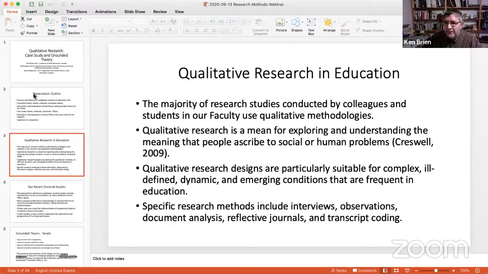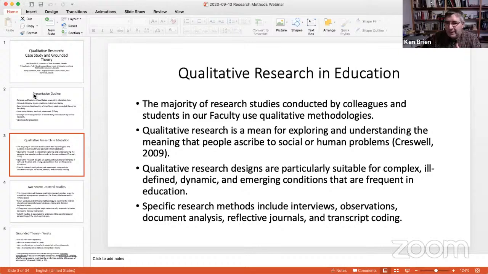I think the reason is that qualitative research is designed for exploring and understanding the meaning that people ascribe to social and human problems. And qualitative research methods are particularly suitable when you have complex, ill-defined, dynamic and emerging conditions that are frequent in education. So it's not hard to think about education research and the types of things that interest people in education and think, okay, these are things that are complex.